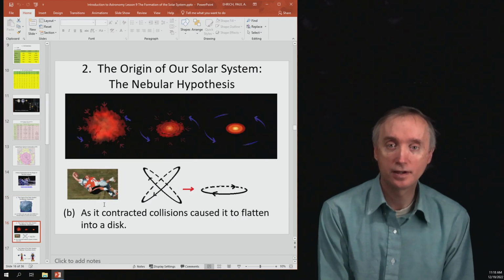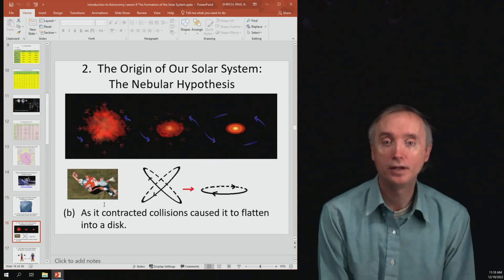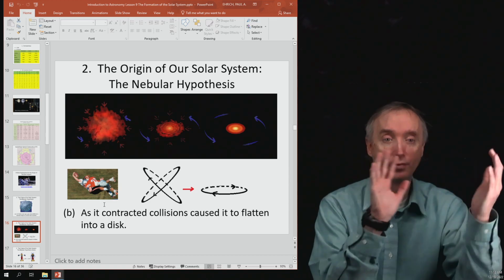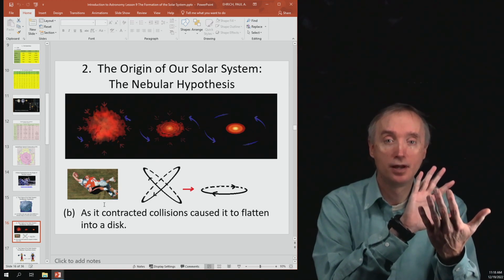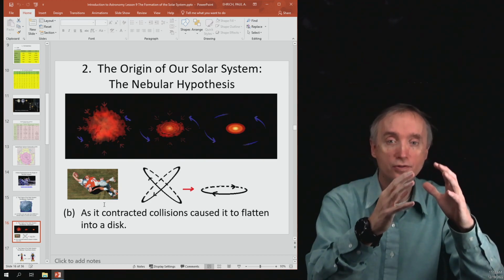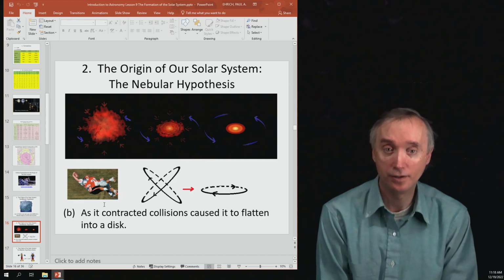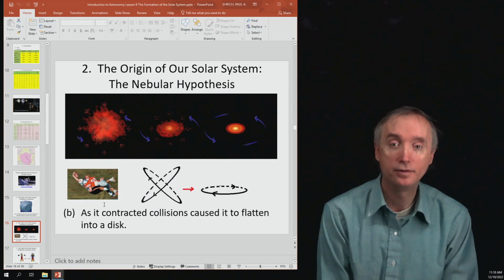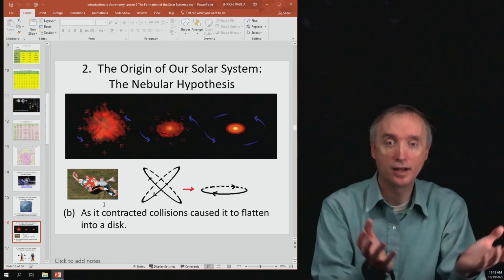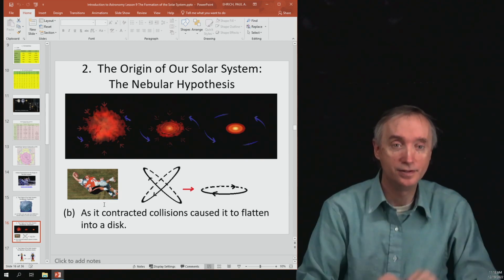Okay, then the next thing that happens is that because this gas cloud is rotating very slowly, as it collapses, those dust and gas particles are going to start to collide with each other. And then because of momentum, as they collide, they change the direction that they're going in, so that eventually this spherical gas cloud is going to collapse into a disk.